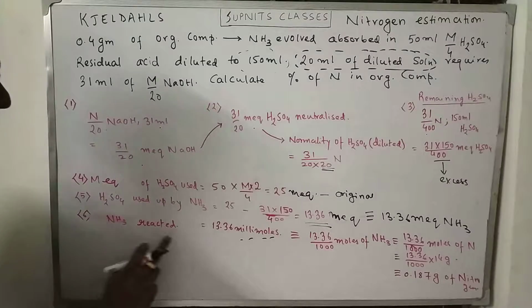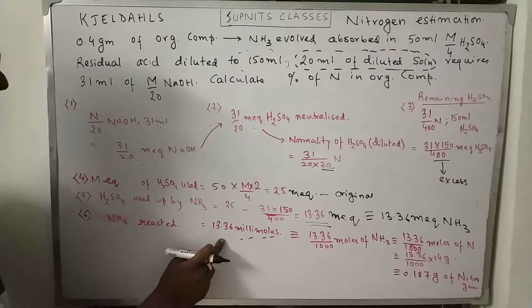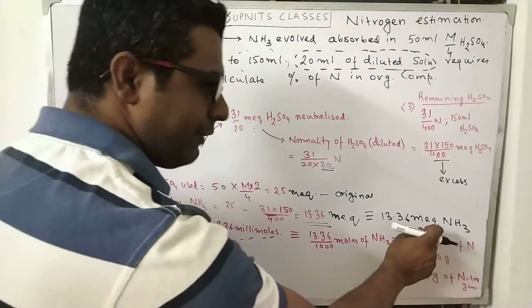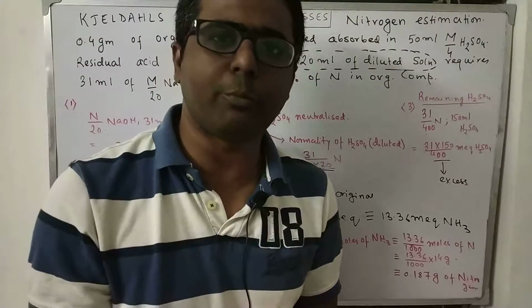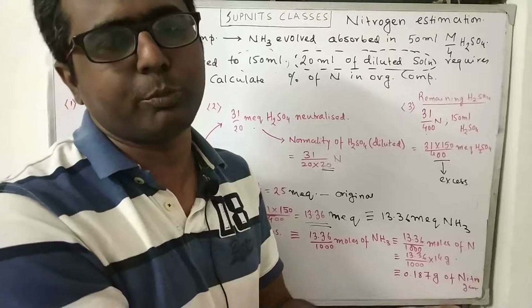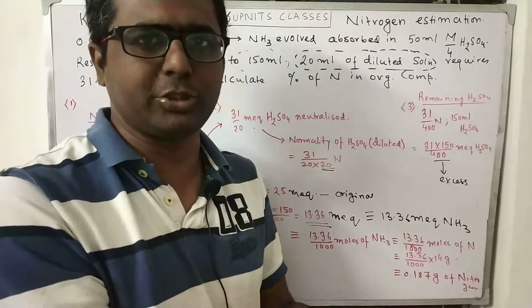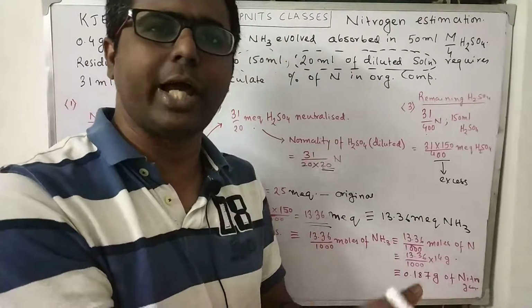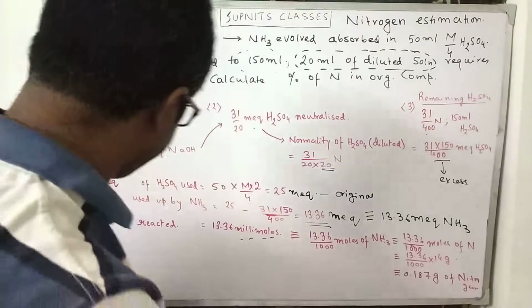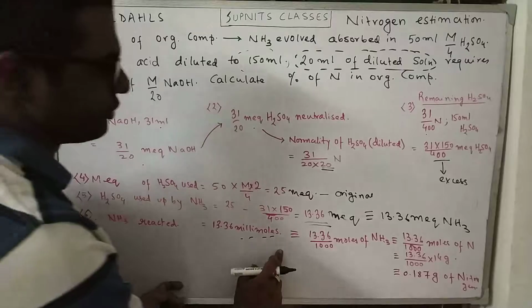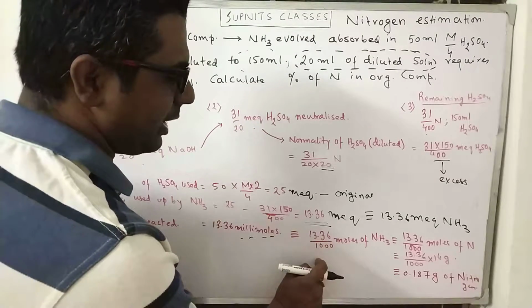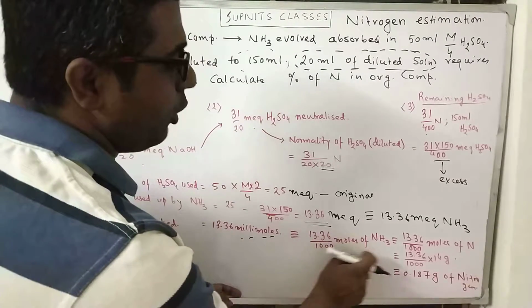So NH3 reacted is 13.36 milli equivalents. Now for NH3, you can take NH4OH, which is again a monoacidic base. For monoacidic and monobasic species, milli equivalent is the same as millimoles. So NH3 reacted is 13.36 millimoles, which is 13.36 divided by 1000 moles.